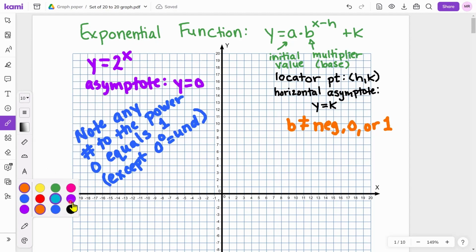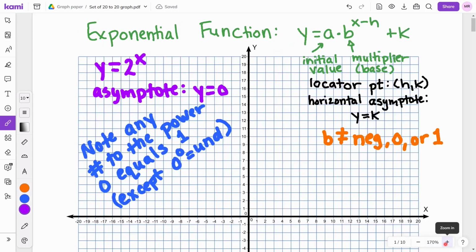So let me just get some points here. Okay, so let's say I'm going to graph this in purple. And let me just zoom a little bit more. So if I go to 0, 2 to the power 0 is 1. So I have a point at (0, 1). When I go over 1, 2 to the power 1 is 2. When I go over 2, 2 to the power 2 is 4.